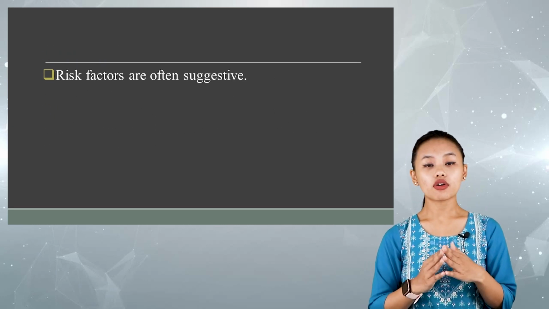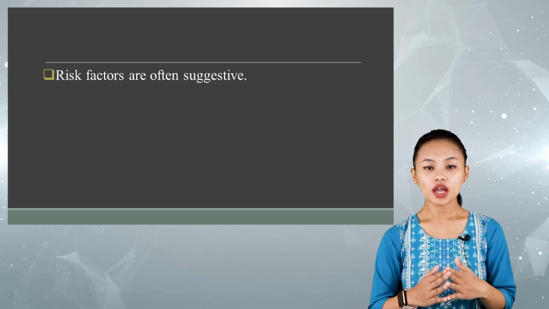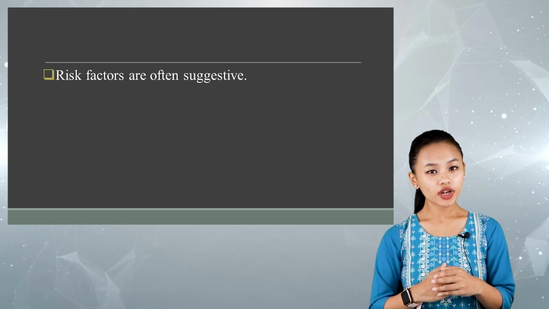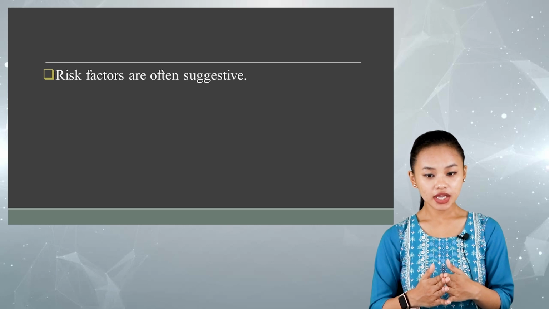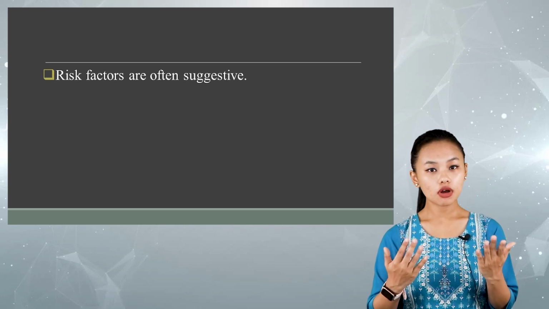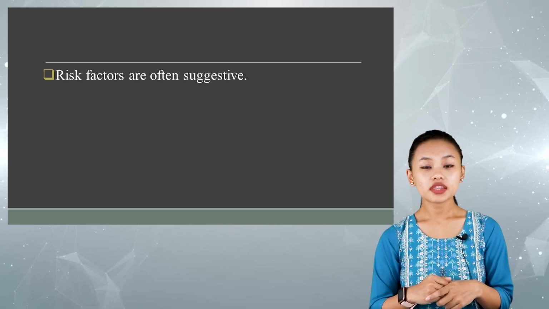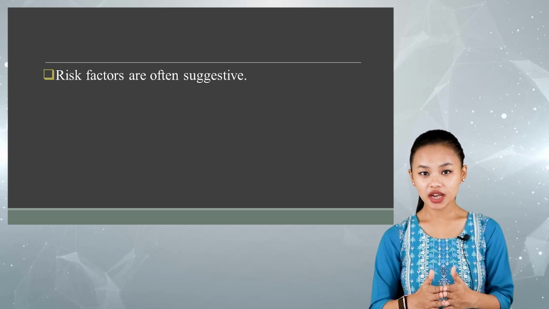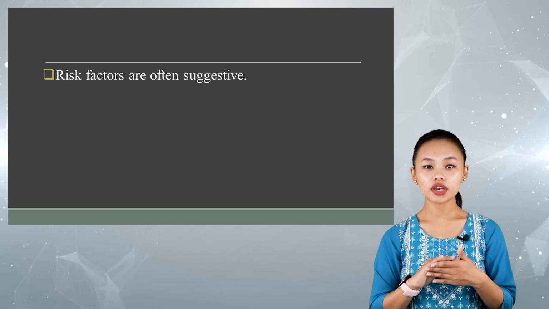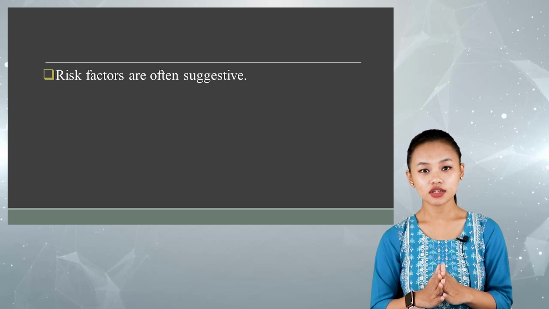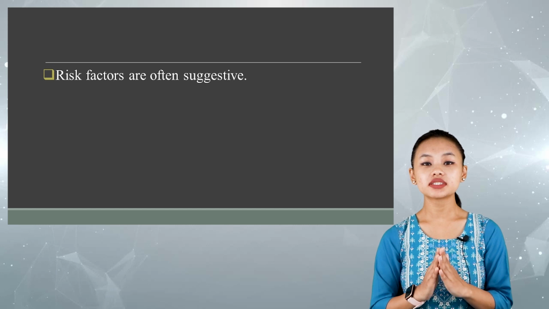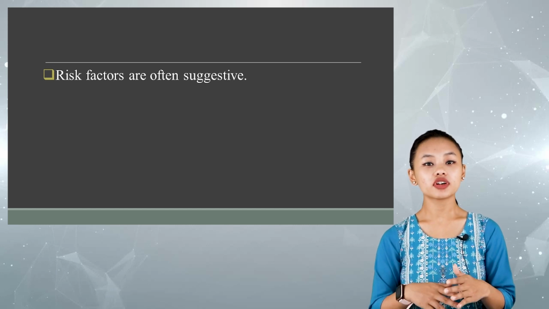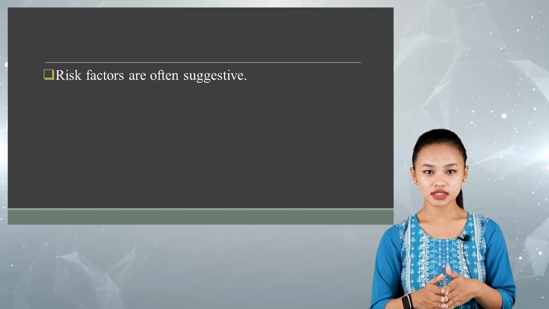Risk factors are often suggestive. That is, the presence of a risk factor does not imply that the disease will occur. However, the absence of the risk factors also does not imply that the disease will not occur. For example, smoking is a common risk factor for developing lung cancer.